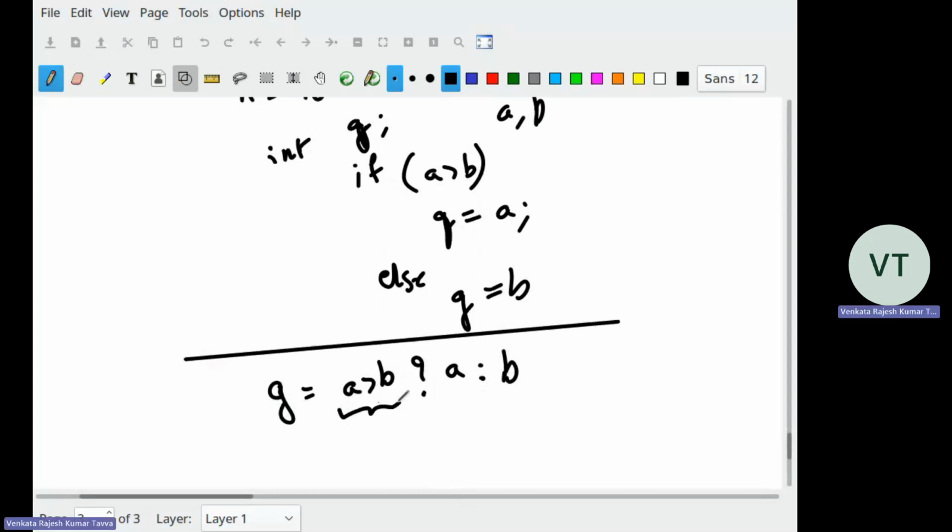If A is greater than B, then G will be equal to A, else G will be equal to B. That's all. So you evaluate this expression. If this expression turns out to be true, assign this first thing to this variable. If this expression turns out to be false, assign this second thing to this variable. Got it? So now let's see.